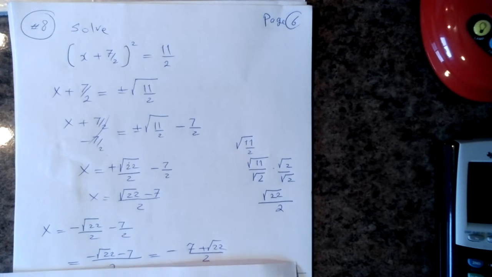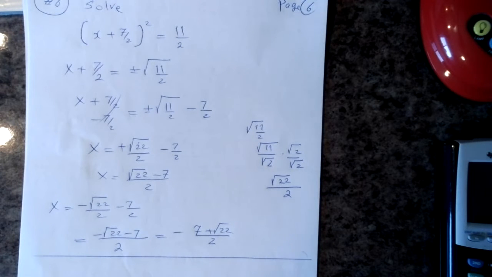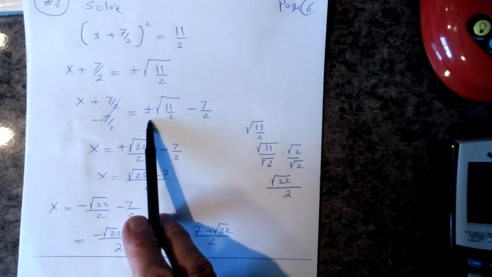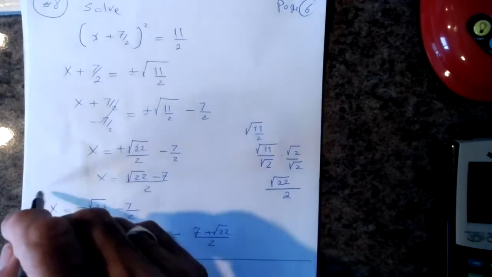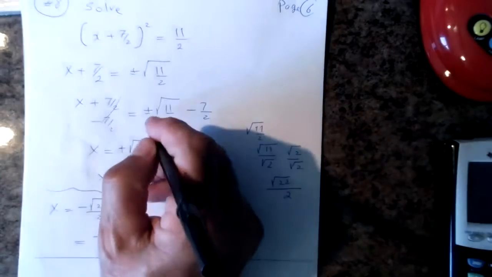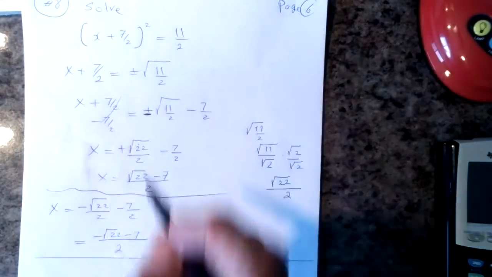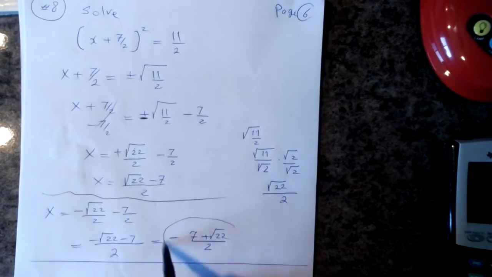You have positive and negative answers on this. Because you have a plus or minus, you use the plus one time with minus 7/2, and then you use the negative, and you come up with two answers.